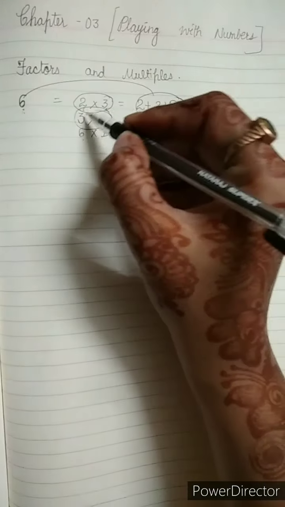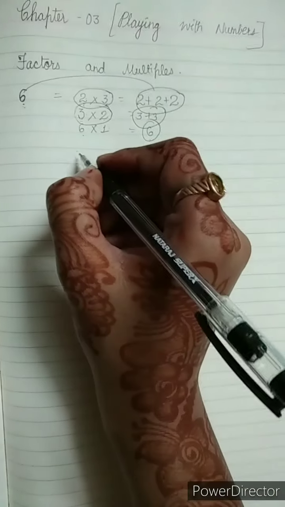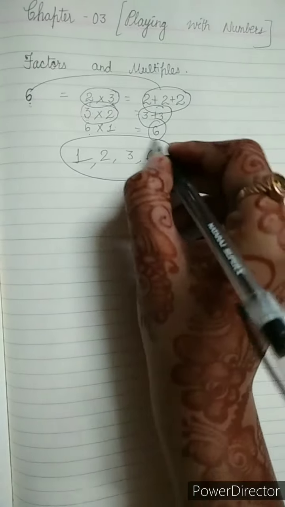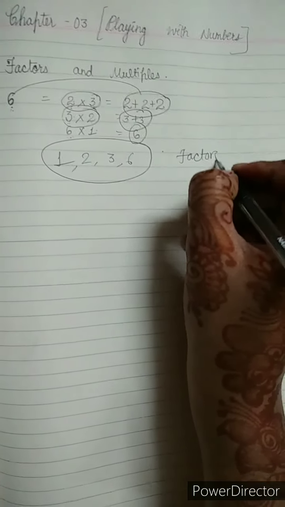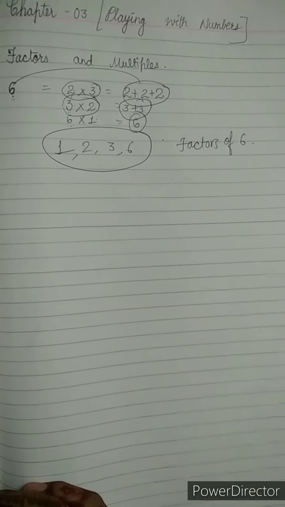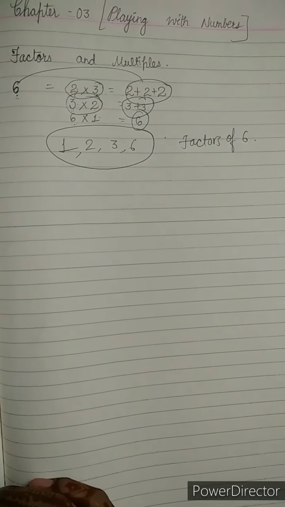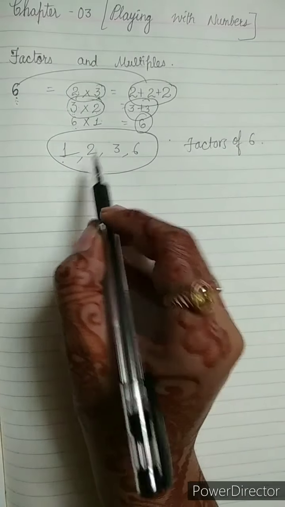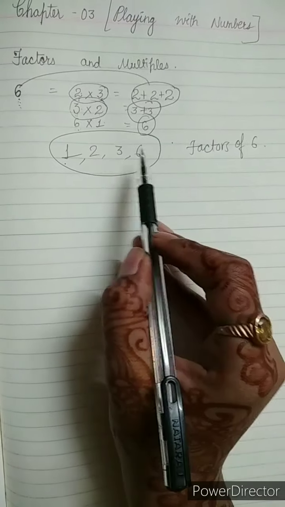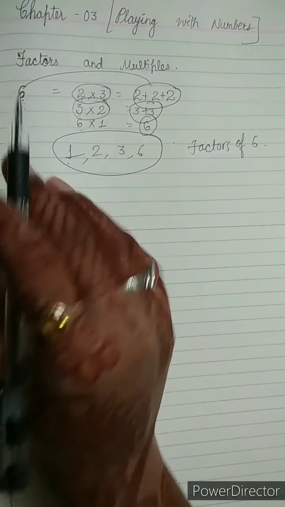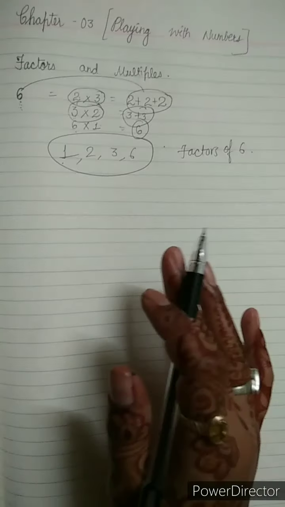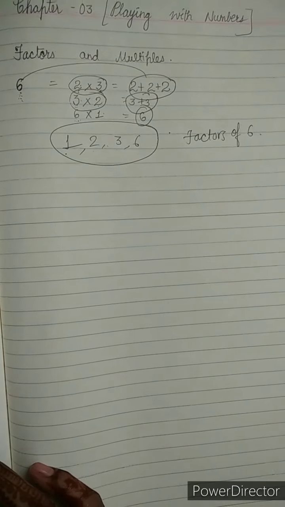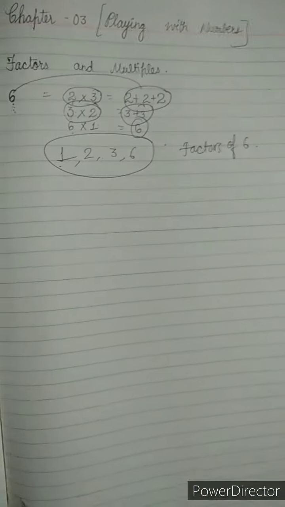So 2, 3, 6 and 1 are all factors of 6, because 1 exactly divides 6, 2 exactly divides 6, 3 also, and 6 also divides 6 without leaving any remainder. Okay, now this is the factor.